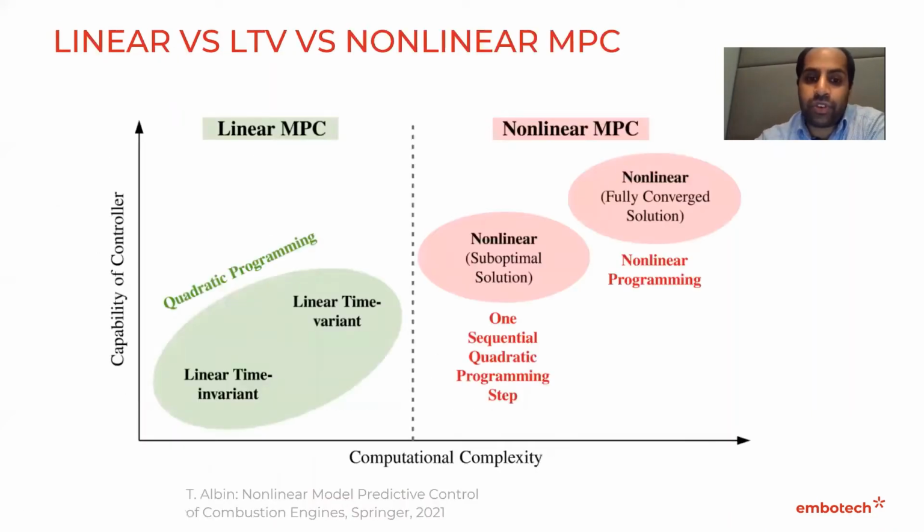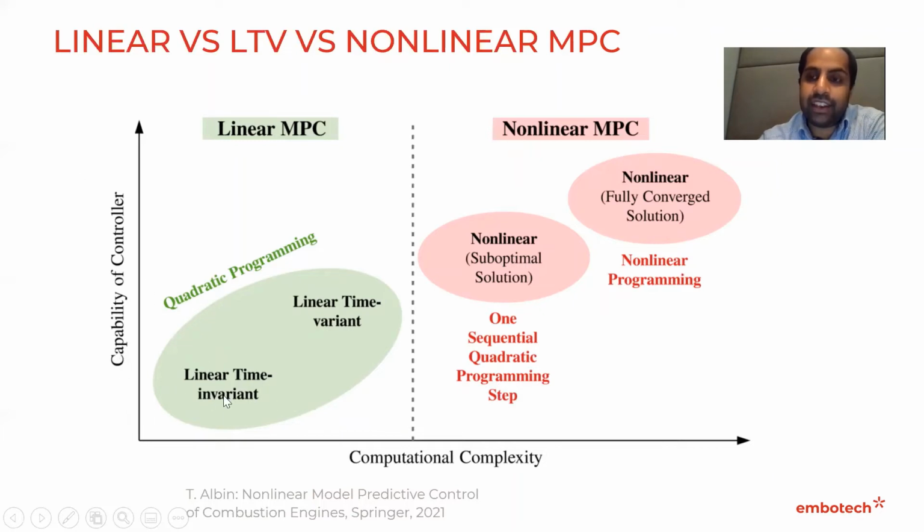Good, and I just want to give you an impression of the differences of the types of MPC, just a classification of linear versus linear time varying or adaptive versus nonlinear MPC. We have two axes, the computational complexity and what your controller is actually capable of doing.